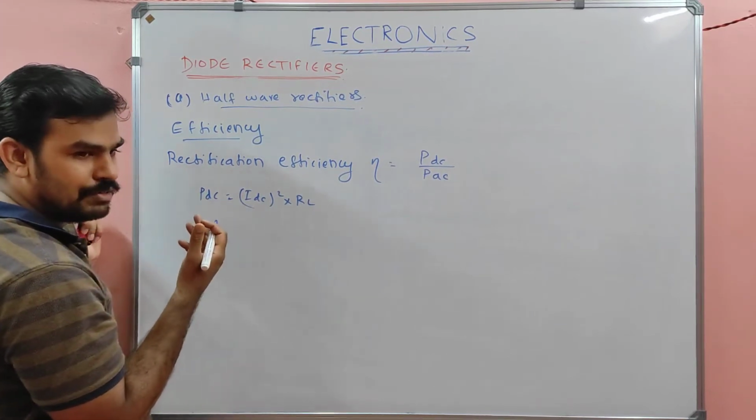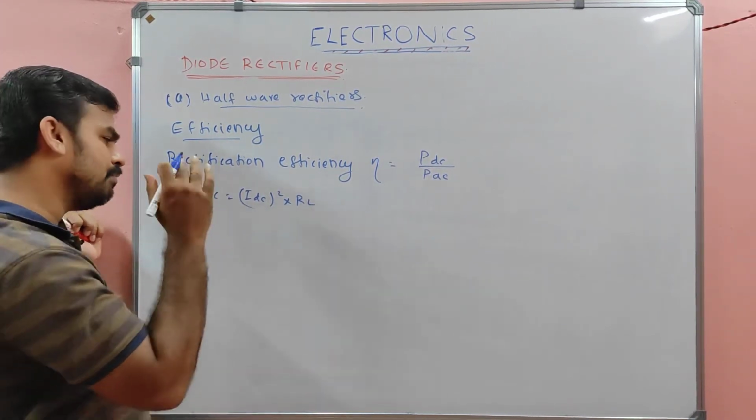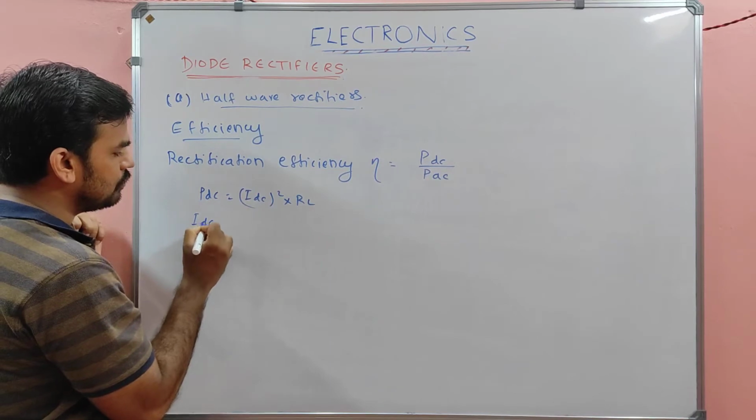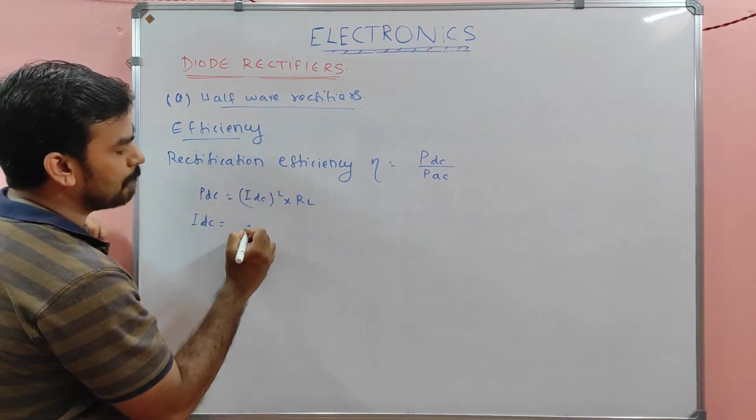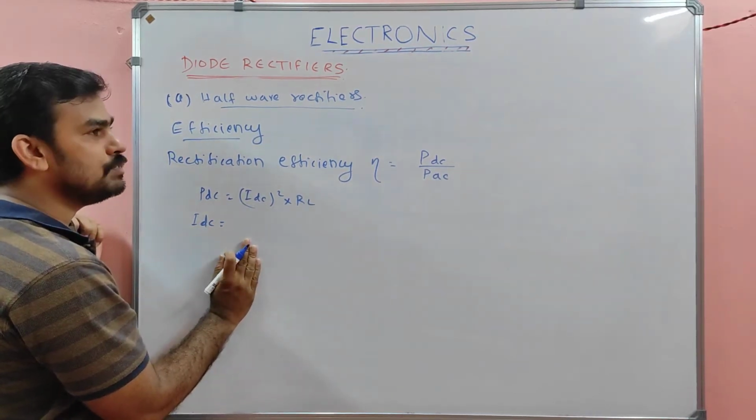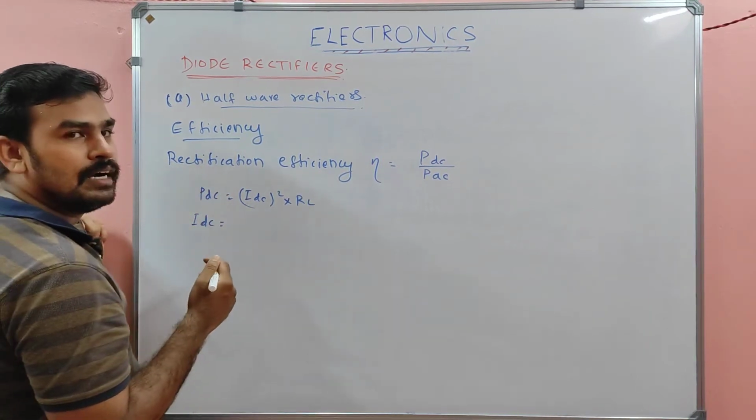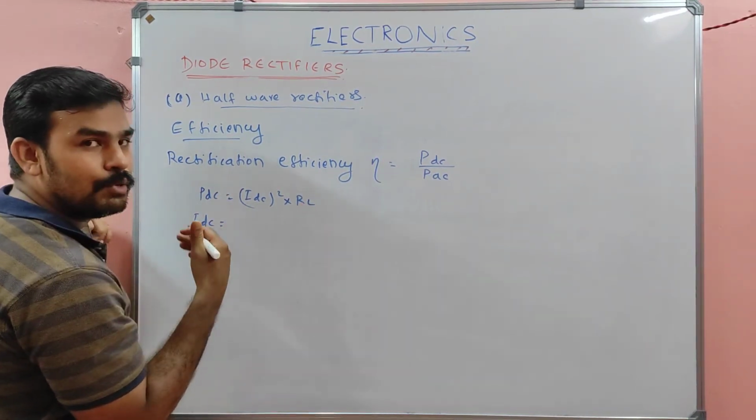For a half wave rectifier, we already know what IDC is. What is the equation for the DC value or the average value?